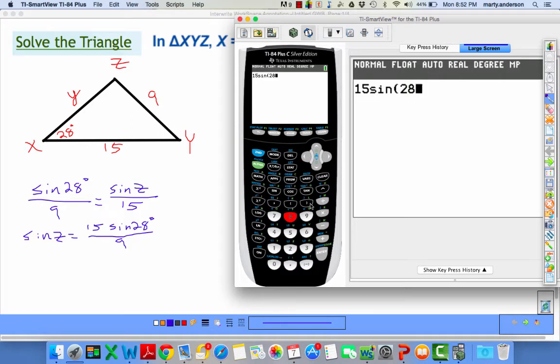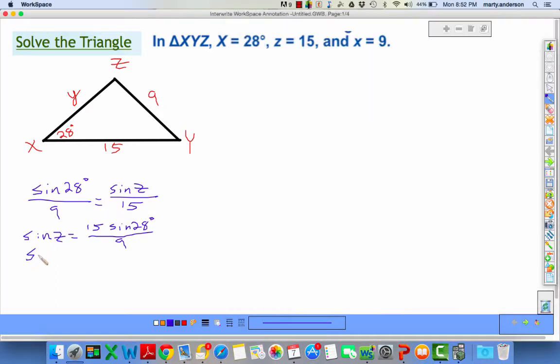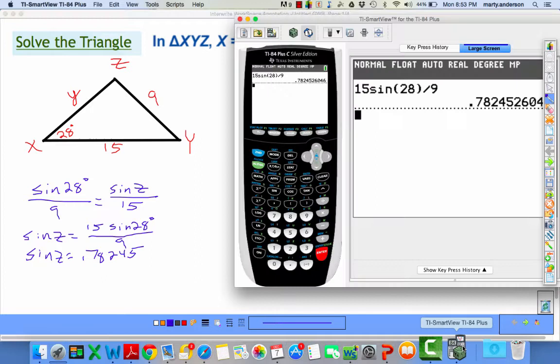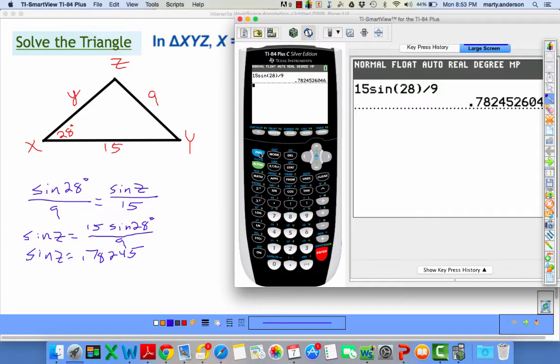So now when we do that on our calculator, 15 sine 28, make sure your calculator is in degrees. I already checked mine. Divided by 9. And I get 0.78245. So the sine of Z equals 0.78245. And now I need to do the inverse sine of that.